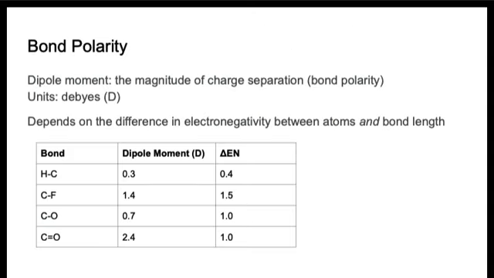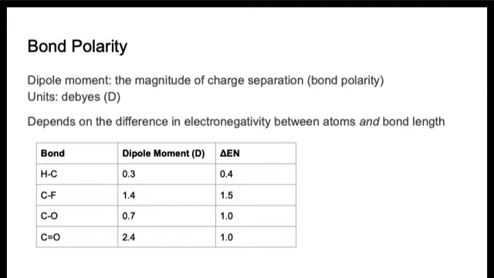And so the last idea here is that we can actually quantify bond polarity. Another name for bond polarity is dipole moment, and dipole moments have units of debye.